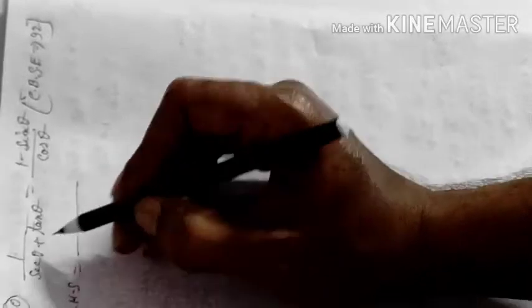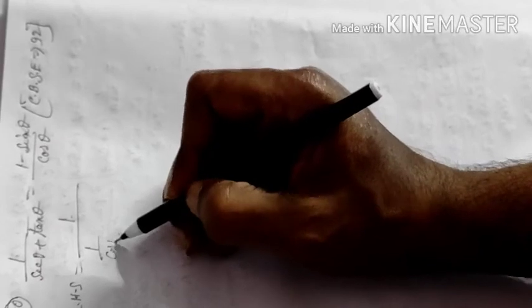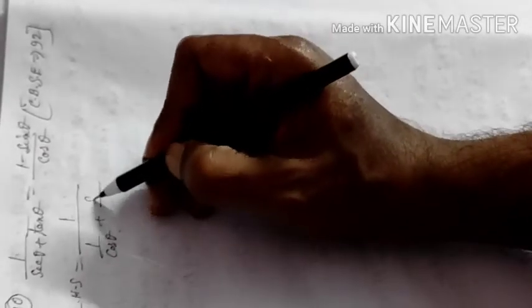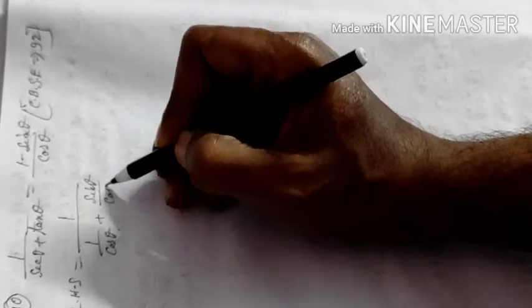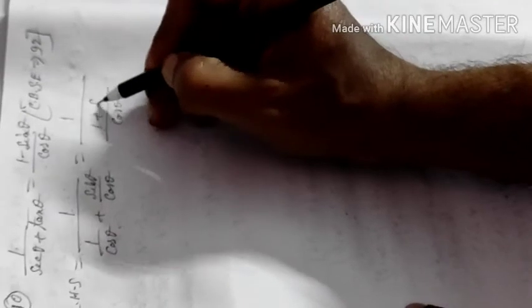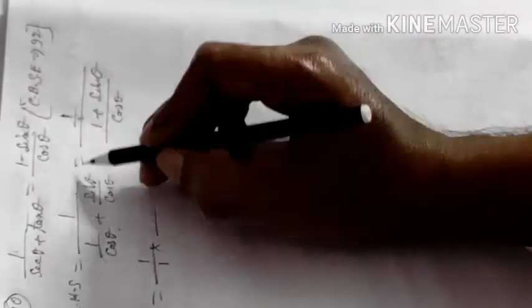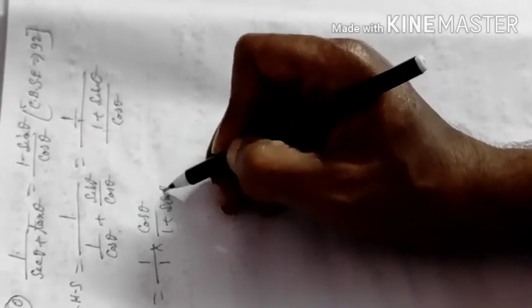Here left hand side is equal to 1 by sec theta plus tan theta. 1 by sec theta is equal to 1 by cos theta, plus tan theta is equal to sin theta by cos theta. 1 by cos theta will be LCM cos theta, 1 plus sin theta, so cos theta will be numerator and 1 plus sin theta will be denominator.